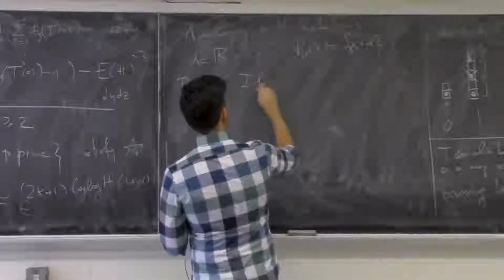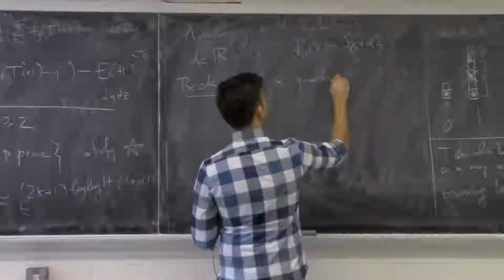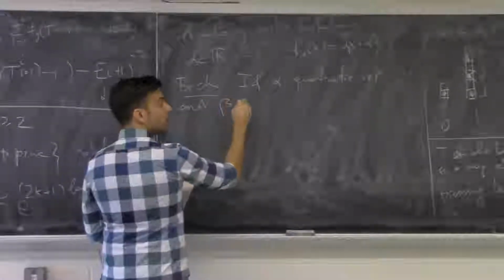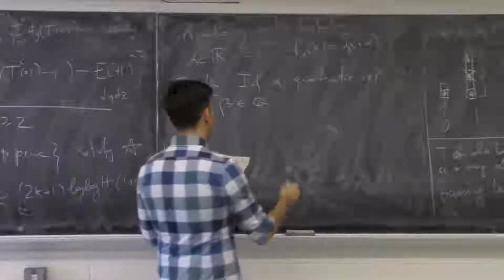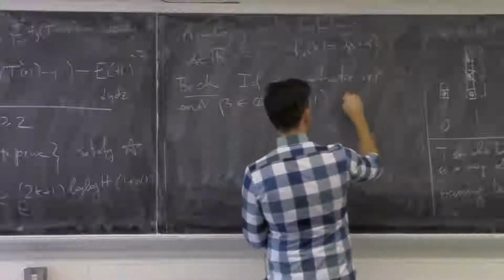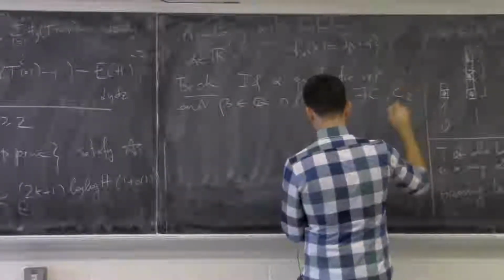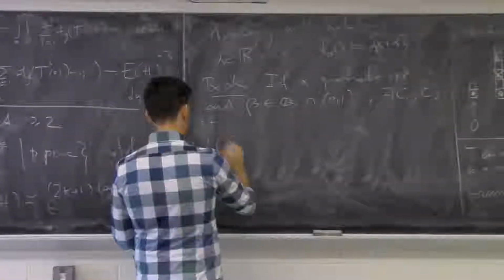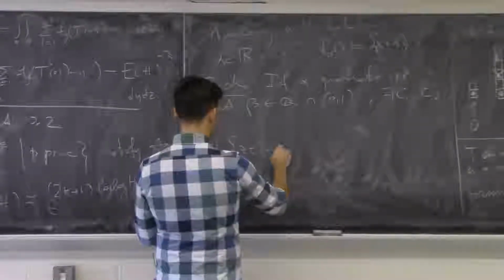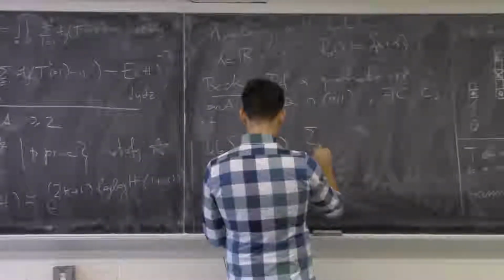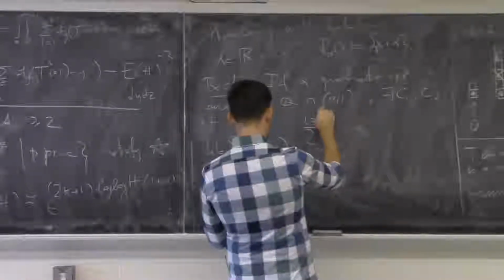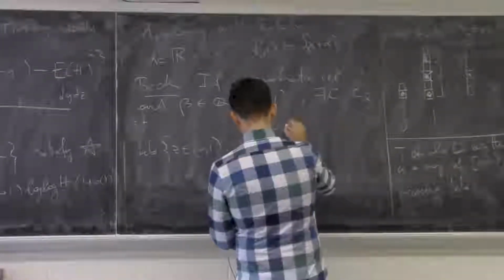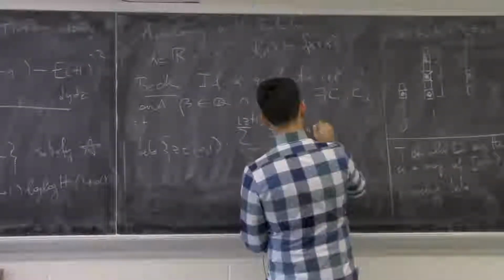If alpha is quadratic irrational and beta is rational in the interval (0,1), then there exist two positive constants, C1 and C2, depending on alpha and beta, such that when you look at the Lebesgue measure of the z's in the interval (0,1) such that the sum over n from 0 to H, let me use H again so we don't get confused, of f_beta of (z plus n alpha).